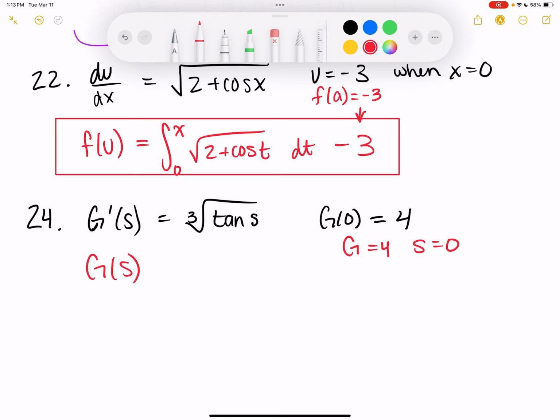Why did you write it in that order? I don't know. Why not write the S under the 0 and the G under the 4? Because I wrote G equals. Right. Okay.